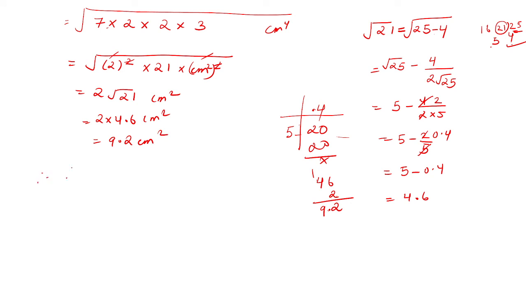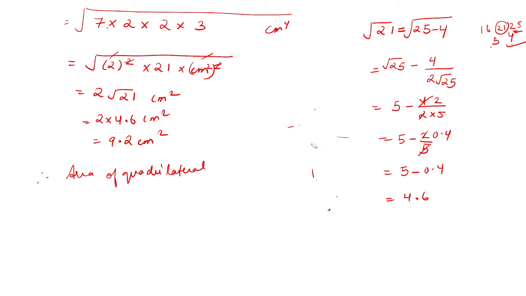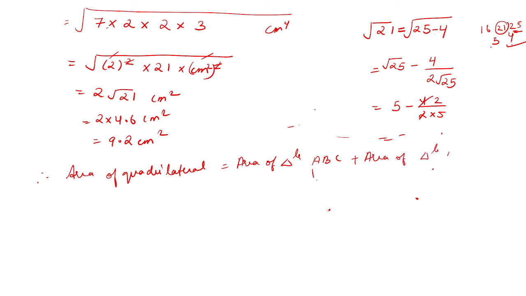Therefore, finally, area of quadrilateral. What did we write in the first part? Area of quadrilateral is area of triangle ABC plus area of triangle ADC.